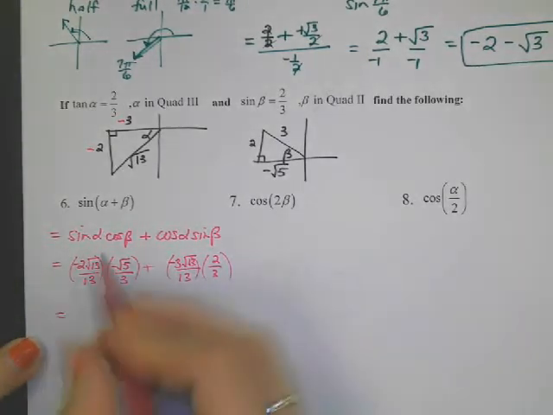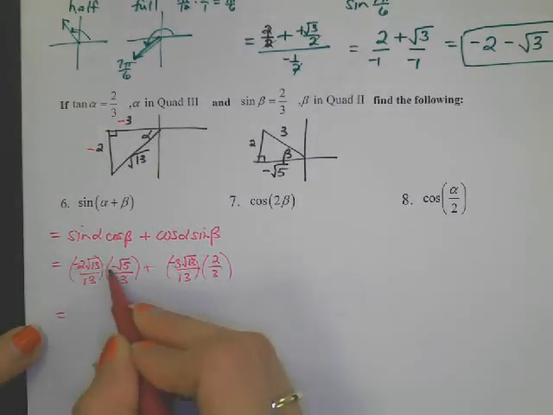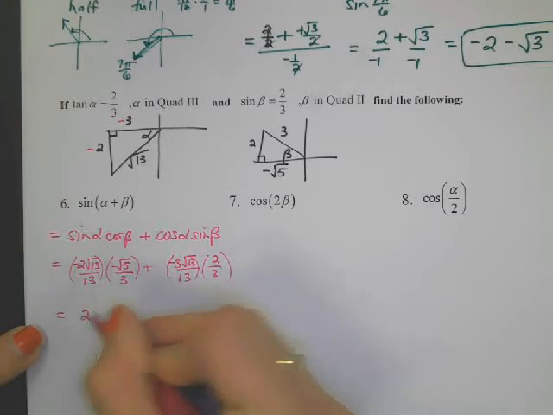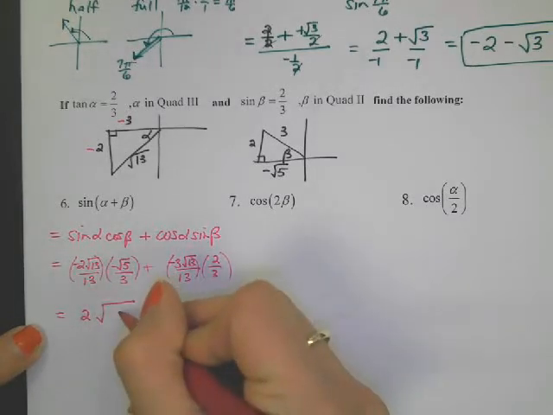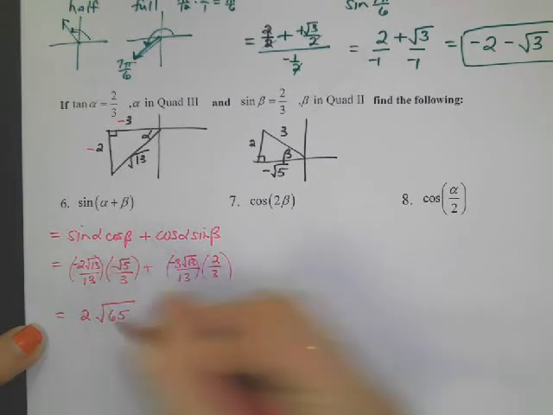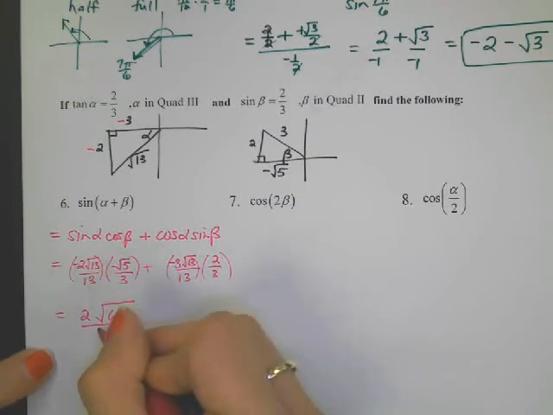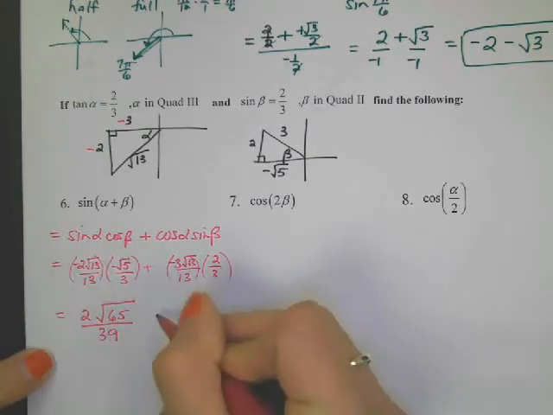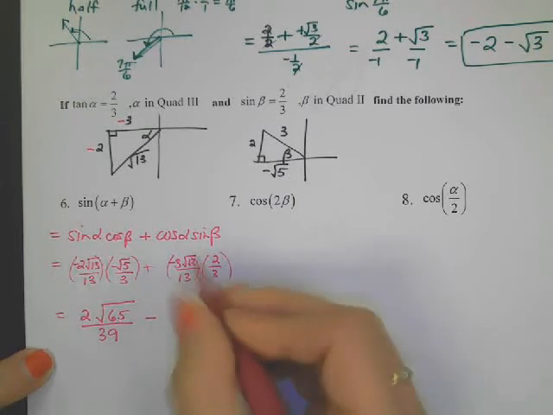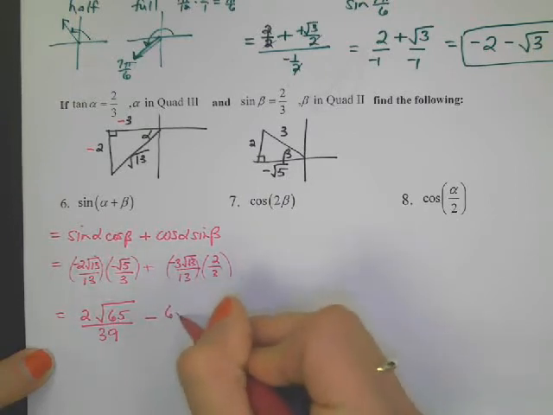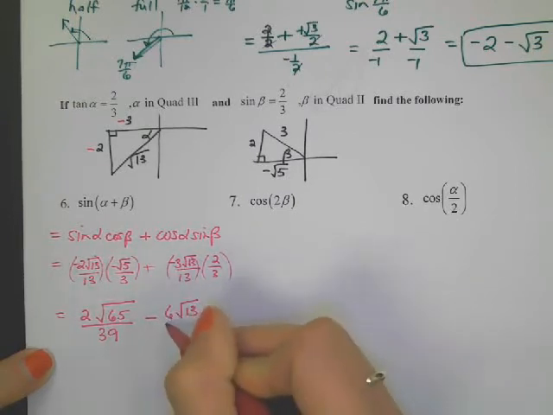Okay, so we have a negative times a negative makes a positive. We have 2, and 13 times 5 would be 5, carry the 1, 65. And the common denominator here is going to be 39. This is going to be minus 3 times 2, 6 radical 13.